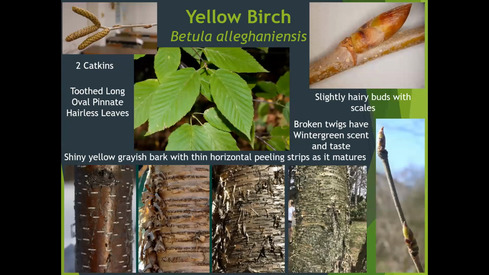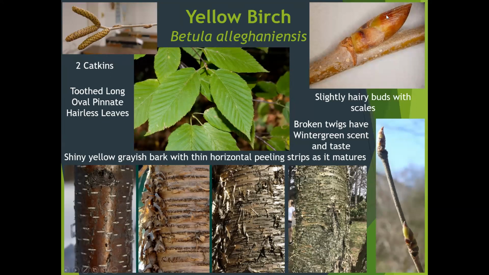So yellow birch has a slightly different leaf. It's still toothed, and it's slightly longer. It's similar to the black birch, and it's still hairless, just like the black birch as well. It usually has 2 catkins. It can have 1. And the buds are slightly hairy. So these are the ones that have slight hair on the buds, and they still have scales as well.